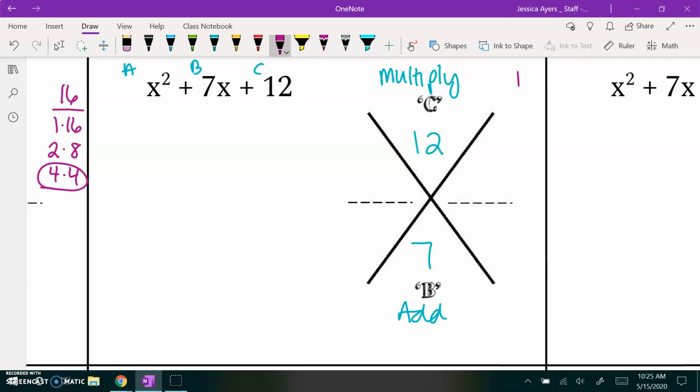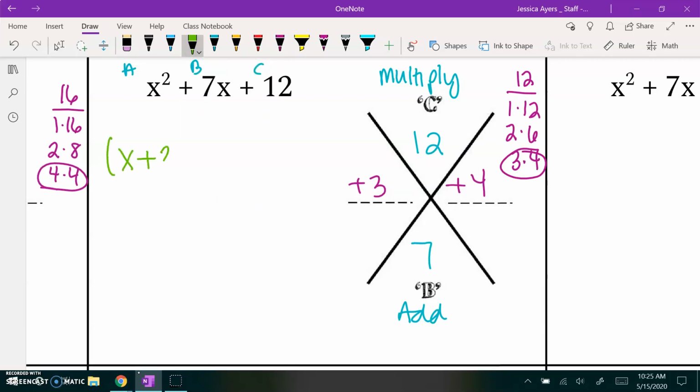So making our factors of 12: 1 times 12, 2 times 6, and 3 times 4. Looking through that list, we can see 3 times 4 is 12, and plus 3 and plus 4 makes 7. Creating our shell, x plus 3 and x plus 4.